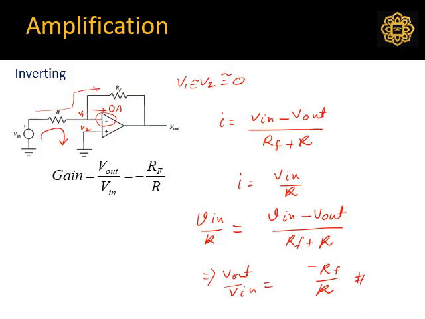How much is the gain? If you have a higher value of RF, let's say 100, and R is 10, you have 10 times gain from your input voltage. This is inverting amplification because the sign has been changed.